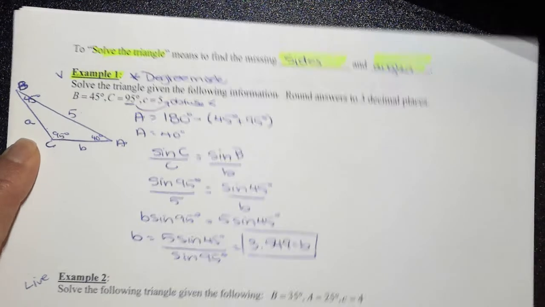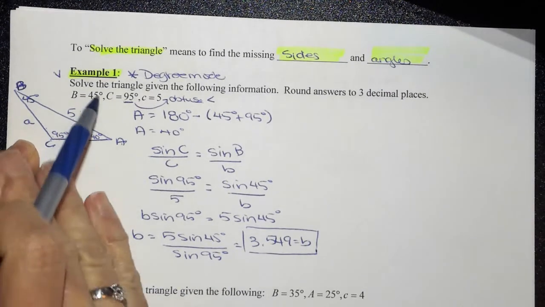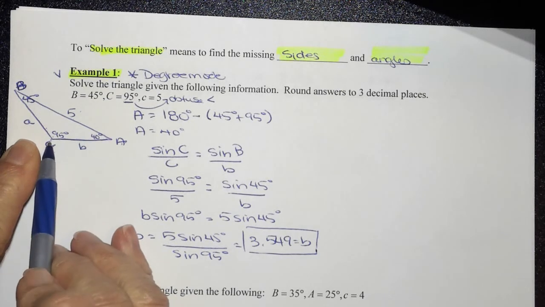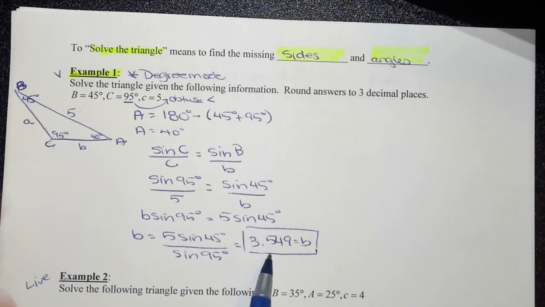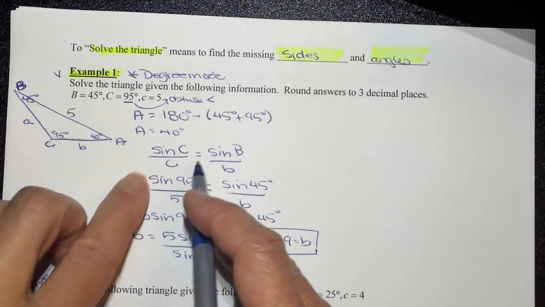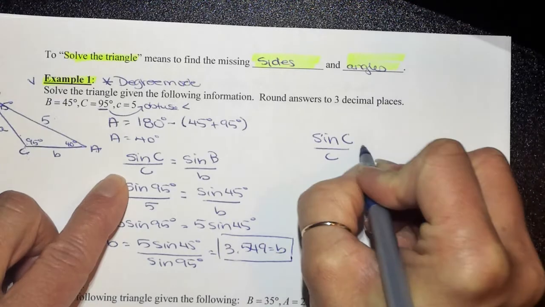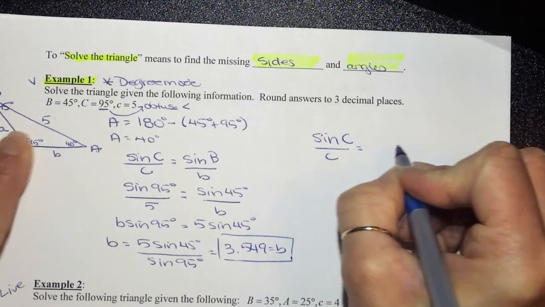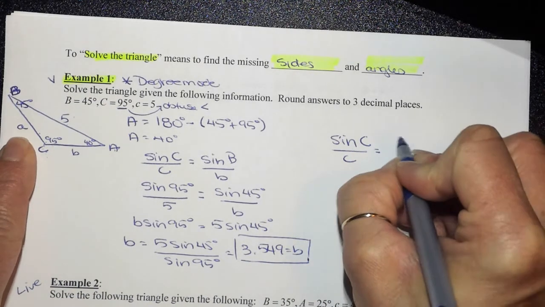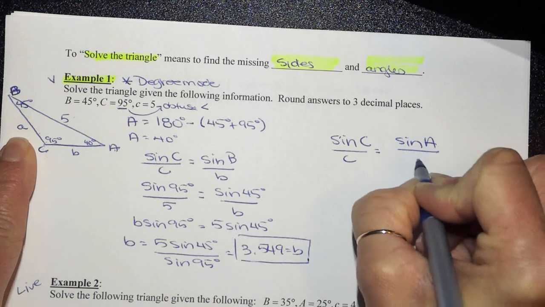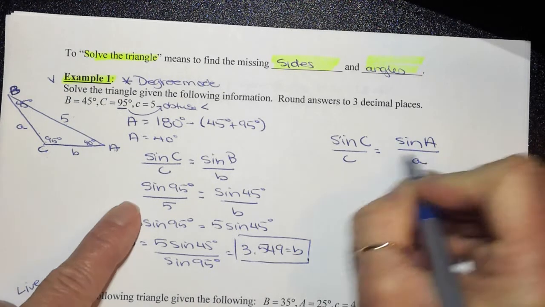Okay, now we need side A. You should always use the information that's provided, meaning I was given angle C and side C. If I made a mistake with side B and I use that to find side A, it will in turn give me yet another mistake. So I'd rather only make one mistake if I make one. So let's go back to the ratio. This is going to be the sine of C over side C is equal to, now we're focusing on side A, so I need the sine of angle A over side A. Let's plug in what we know.